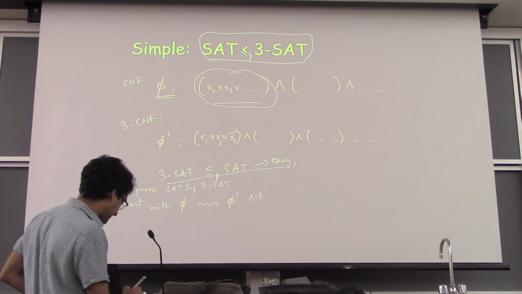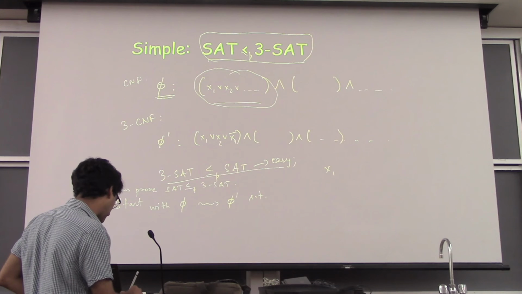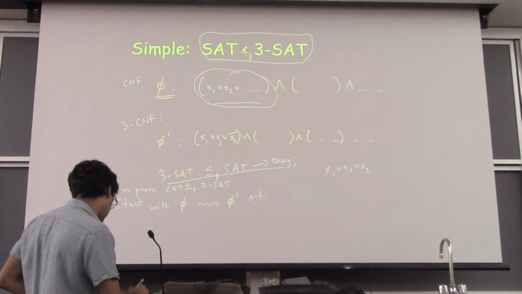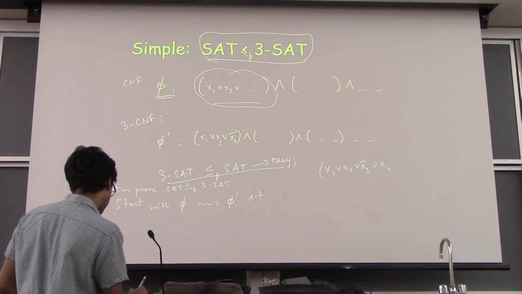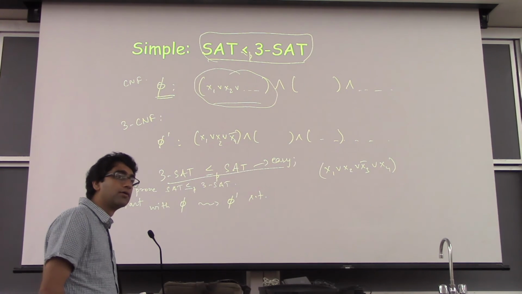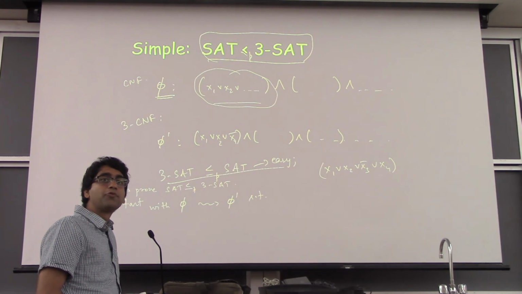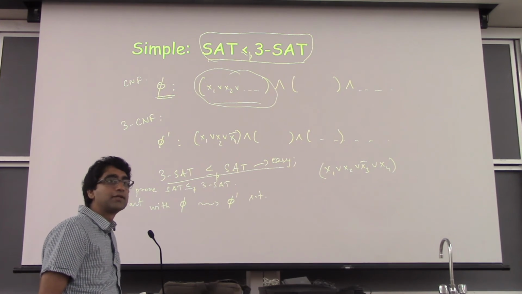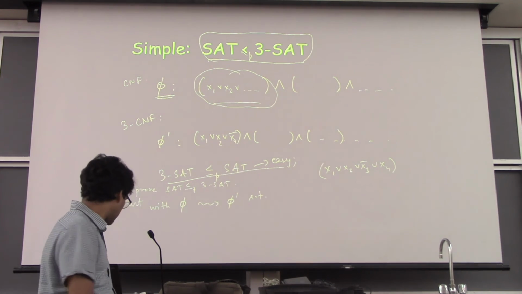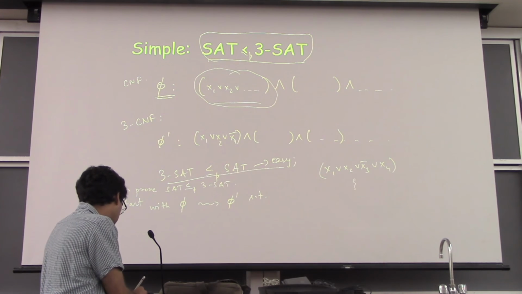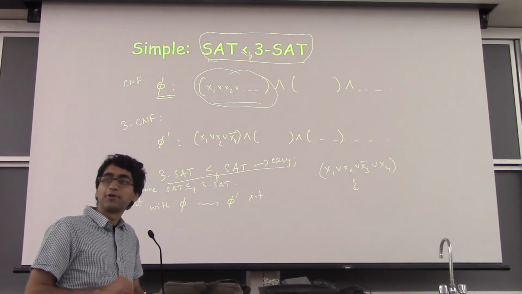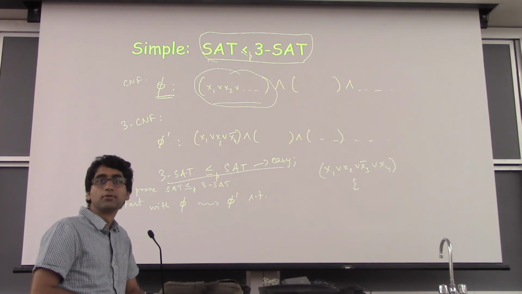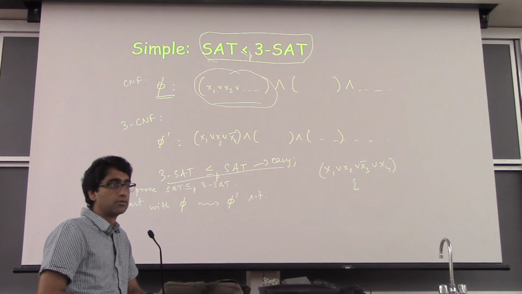So let's start with the simplest example. Say x1 or x2 or x3 bar or x4. Suppose you had something like this, one of the clauses. Can you come up with a new thing which has the same satisfiability?